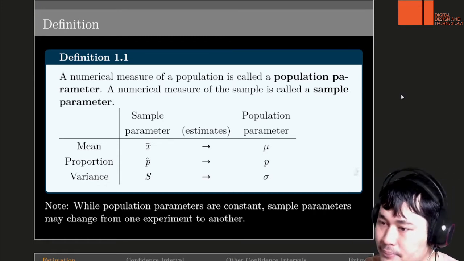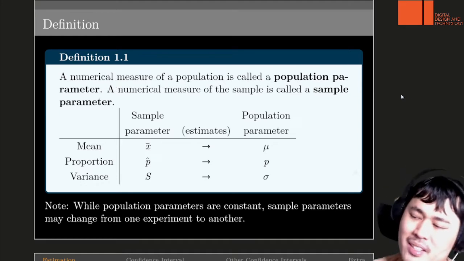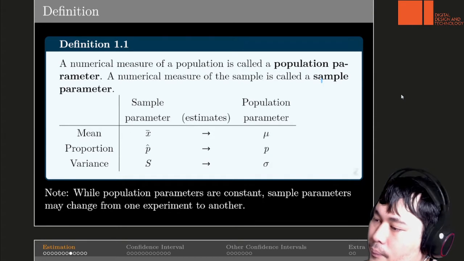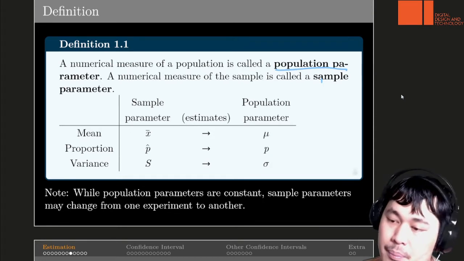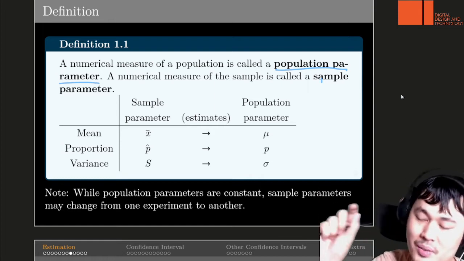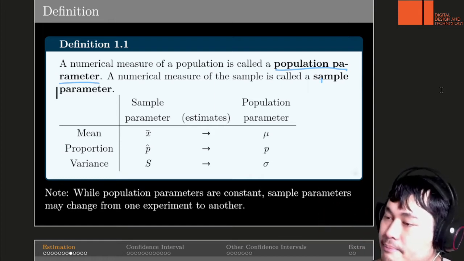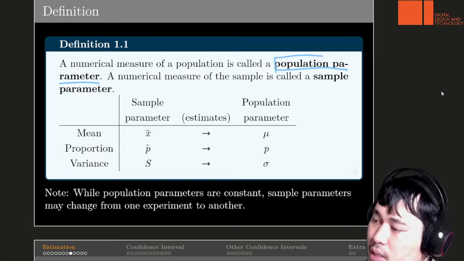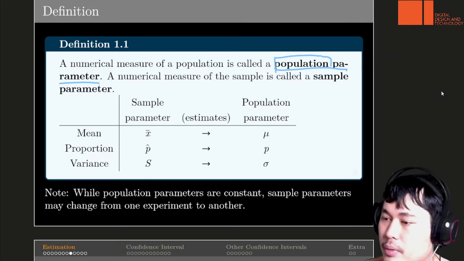So first, a numerical measure of a population is called a population parameter. It's some number that could vary, and we call it population because those are the numbers based on the whole population.